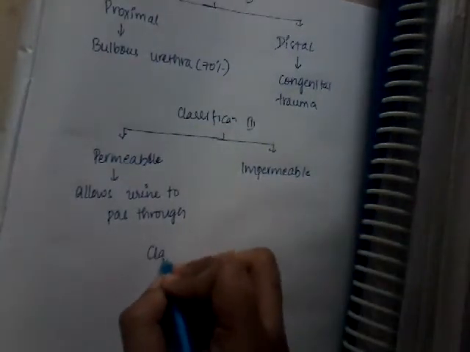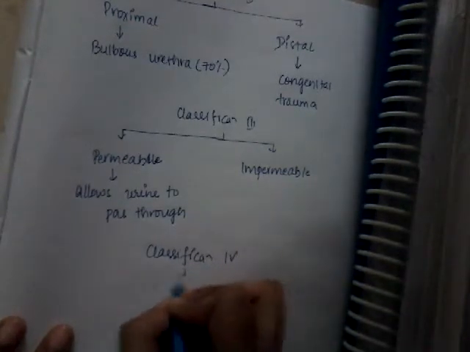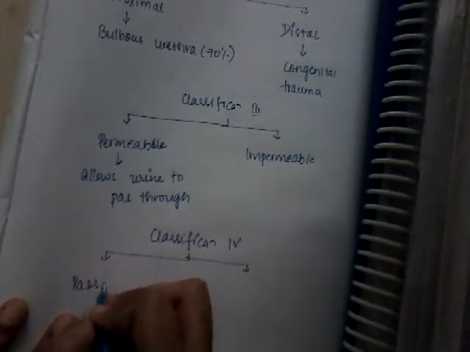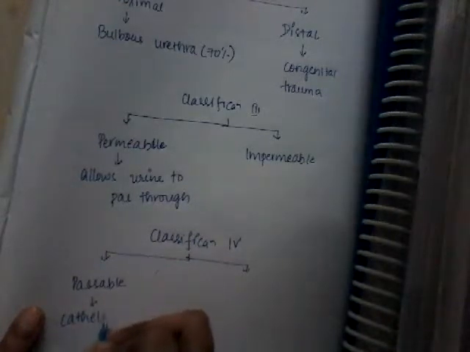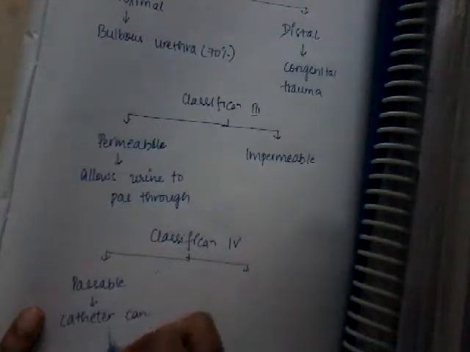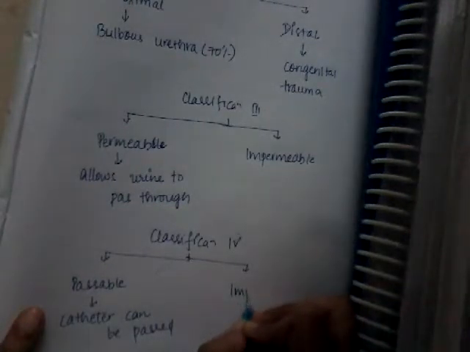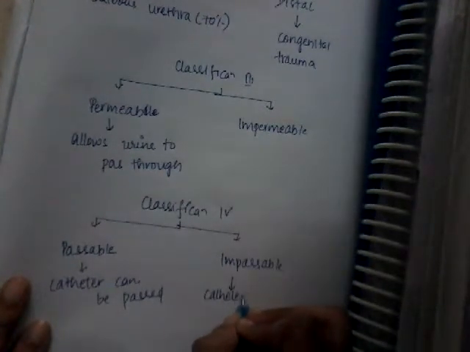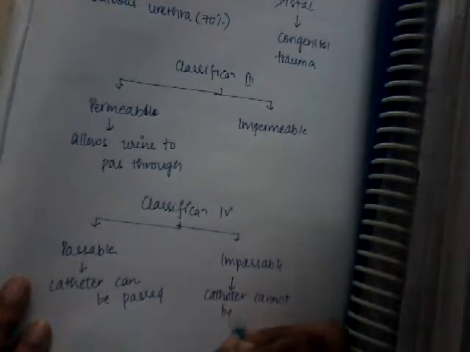And finally, classification 4, which is passable stricture, where a catheter can be passed. The other one is impassable stricture, where a catheter cannot be passed.